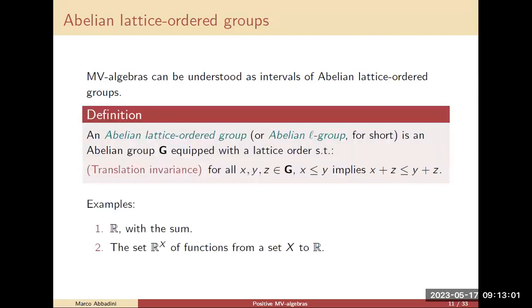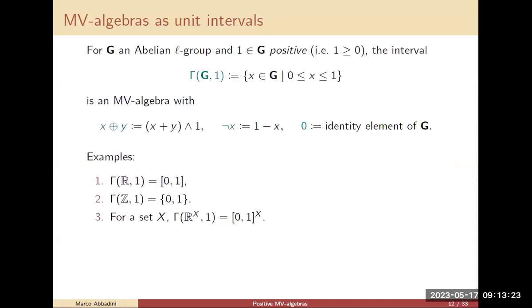An abelian lattice-ordered group is an abelian group with a lattice order that satisfies this compatibility between order and the sum, so translation invariance. So R is the main example, and also the set of functions from X to R is an abelian lattice-ordered group. And the connection between abelian lattice-ordered groups and MV-algebras is the following.